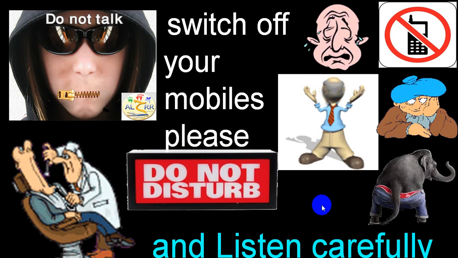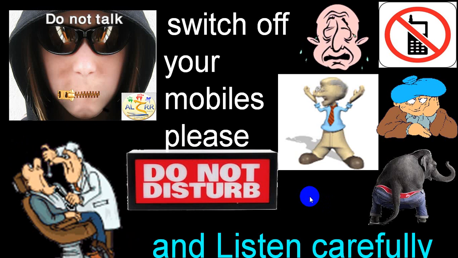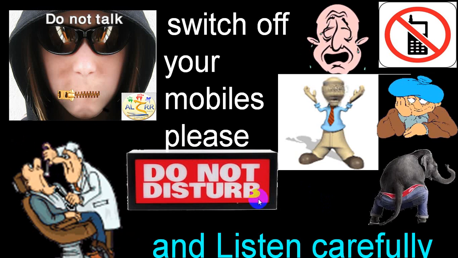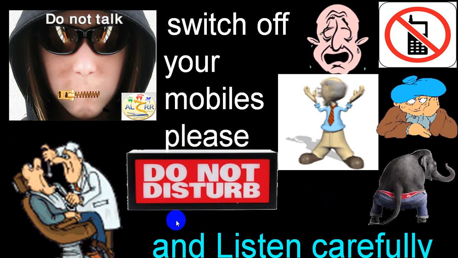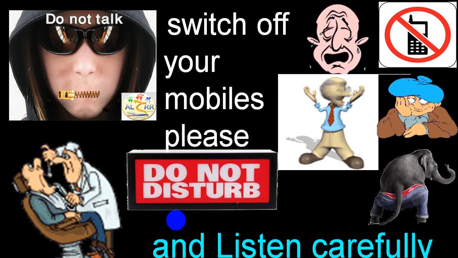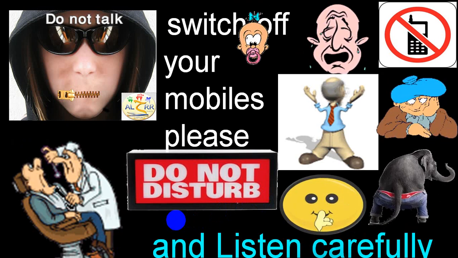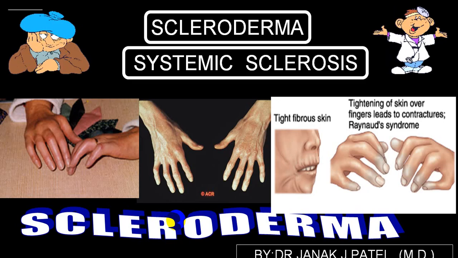Today we'll be talking on one of the odd topics, but once in a while you can come across this particular group of people we call scleroderma or systemic sclerosis. So we'll be discussing today on that topic.